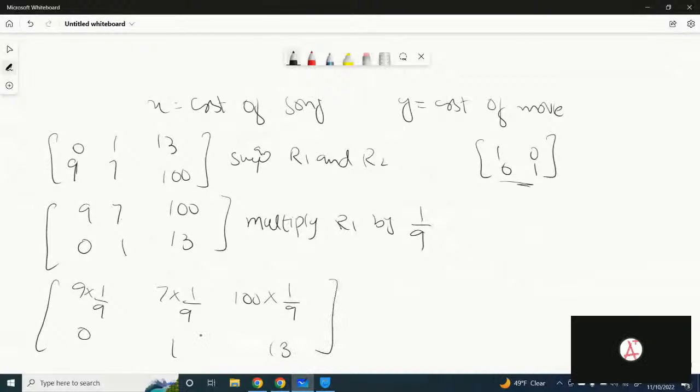Got it? So 9 and 9 cancel out. You are left with 1, 7 over 9, 100 over 9. Then you have 0, 1, and 13. Got it? Now you have to make 0 here.